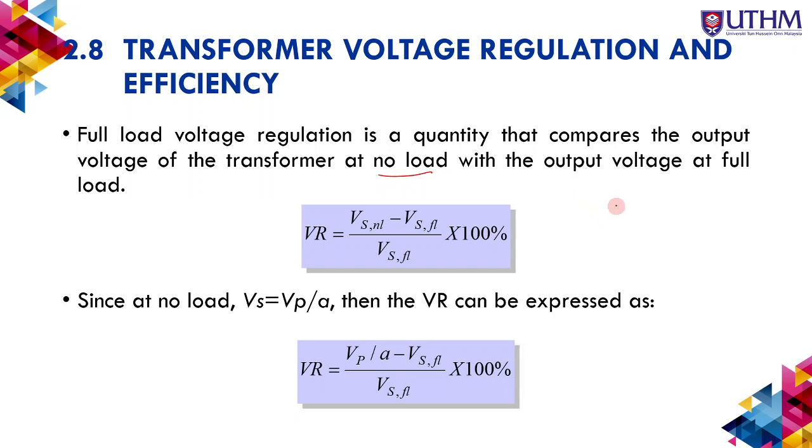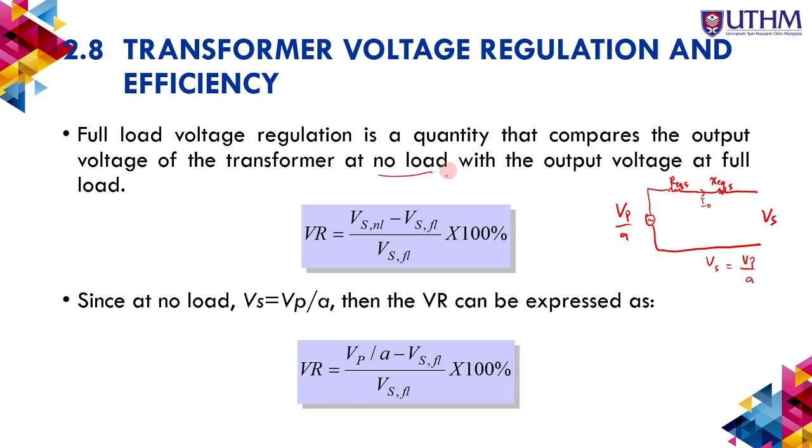This is the V over A, this is R equivalent S, and this is X equivalent S, and this is the VS. When there is no load, the current is almost 0, and we can assume that Vs is equal to Vp over Va.